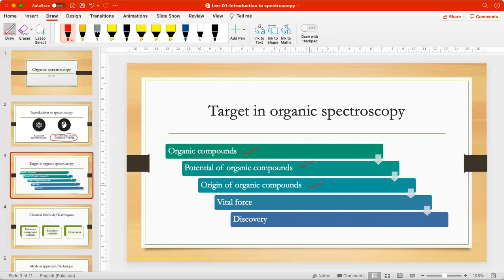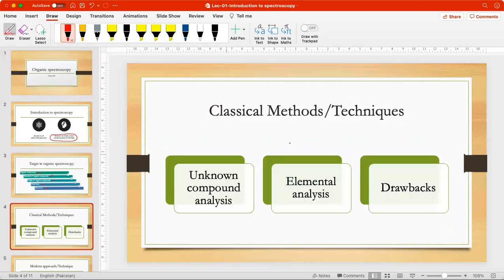If you go and dig the history, you can find this vital force, I have already explained to you, and the accidental discovery of urea by heating just the ammonium cyanate by Friedrich Wöhler. You can understand the discovery also. Now we come to classical methods. So there are two methods by which we can go for the spectroscopy.